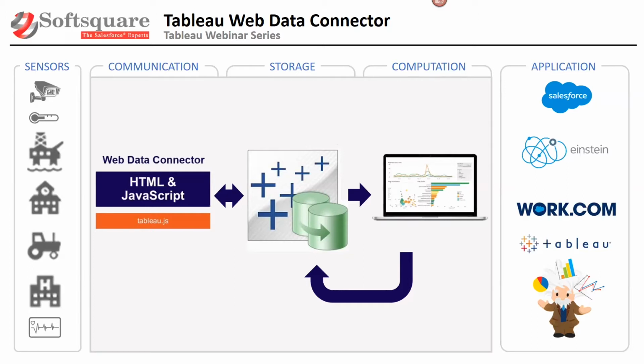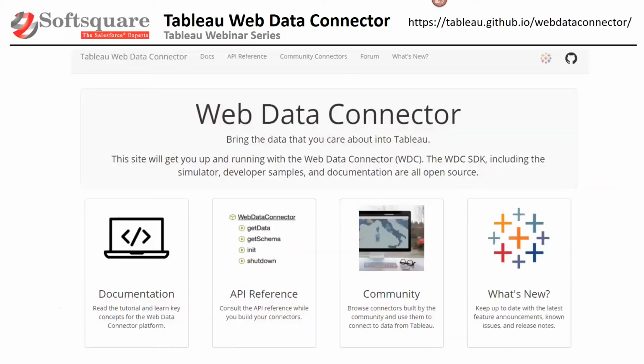Okay, so let's go ahead and look at the Web Data Connector. The Tableau Web Data Connector is an open source solution provided by Tableau. And the GitHub link is on the top right corner. Essentially, the Tableau Web Data Connector augments the other 46 connectors that Tableau already has. Tableau has connectors for Salesforce, Oracle, Teradata, and most of the common data sources, Excel, CSV.